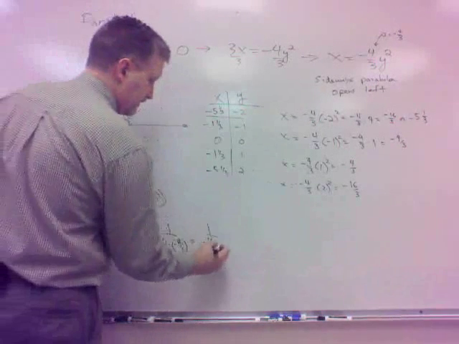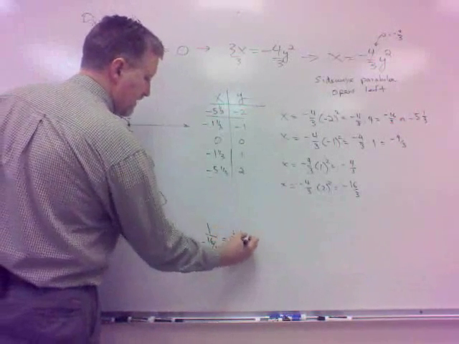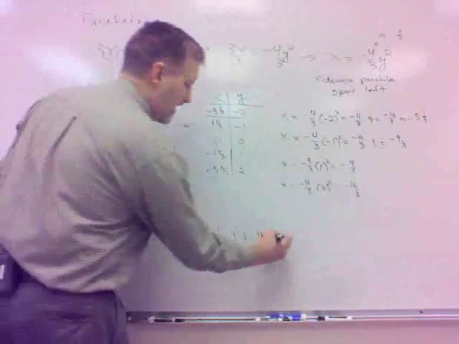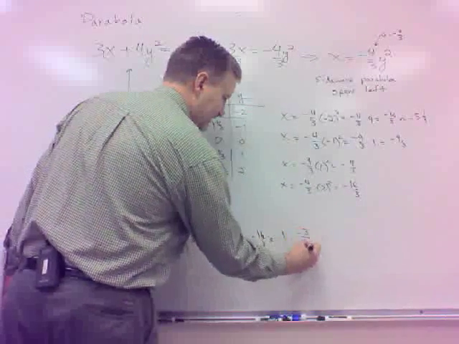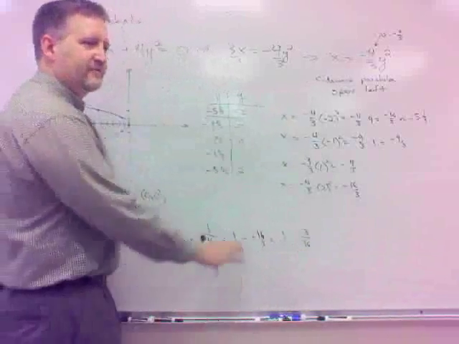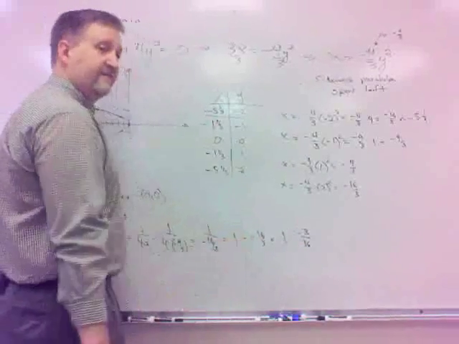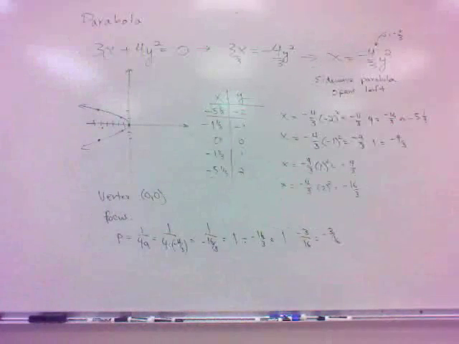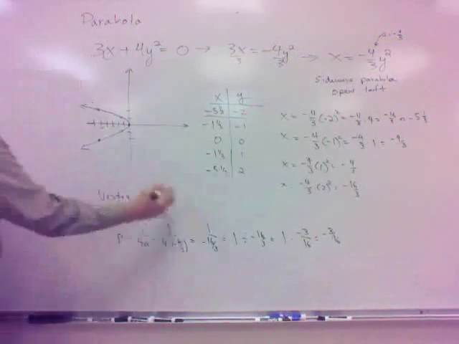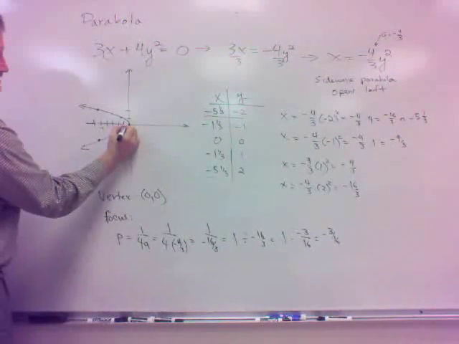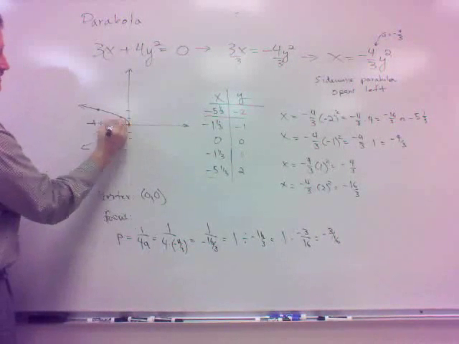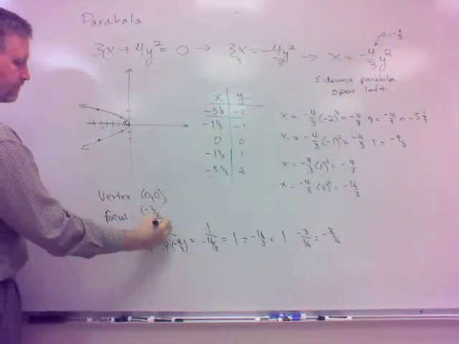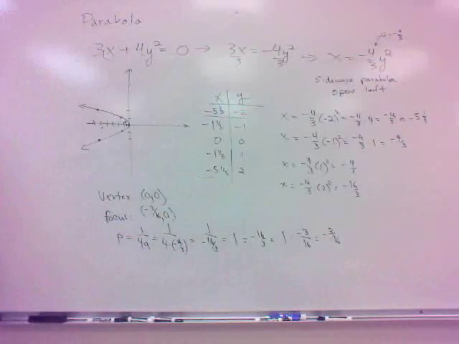That means 1 divided by negative 16/3, which, as you all know, means 1 times what? When I divide by a fraction, you flip the fraction and multiply, right? That's negative 3/16. It'll give you some decimal equivalent if you put it in your calculator, though. So the P distance is negative 3/16, which means I would go back this way. Negative 3/16, there's my focus. So that's negative 3/16, comma 0. With me on that? Sound okay?